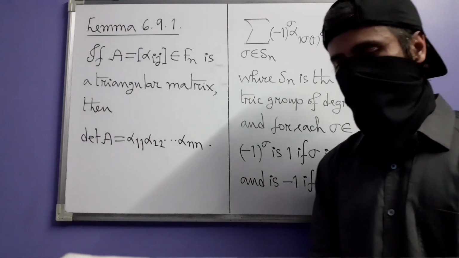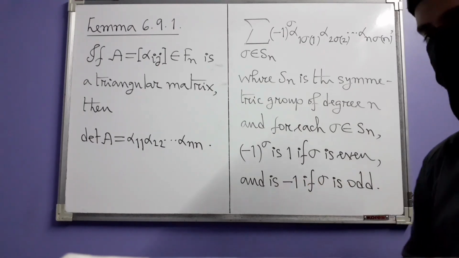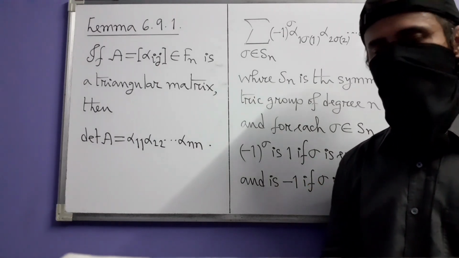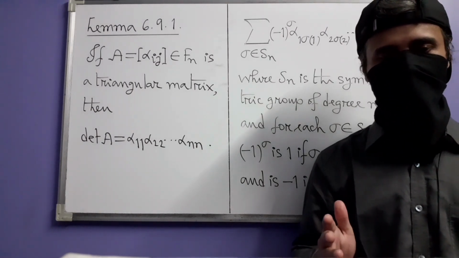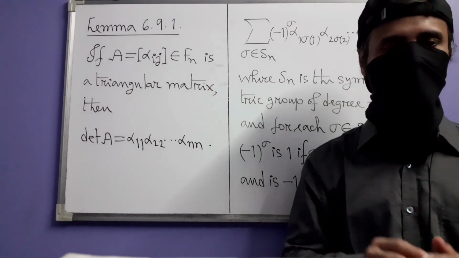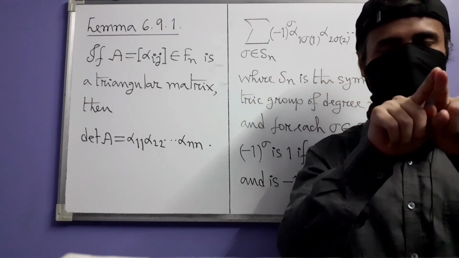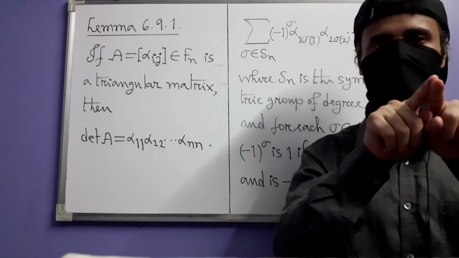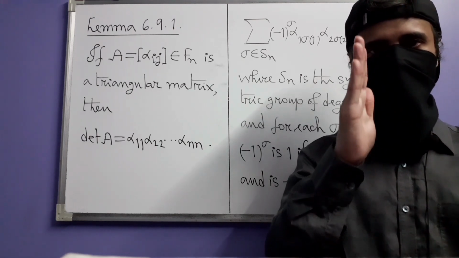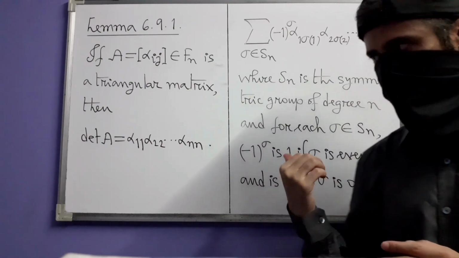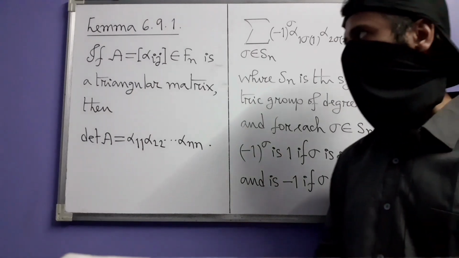Before we see this lemma 691, I forgot to write something which comes after this definition, but that you already know. You remember that in school you used a notation for determinants of matrices. If the matrix is written as a rectangular array of numbers, then you write the determinant as that array but enclosed within two vertical bars. So the author also mentions that notation. That's all. Now let us next see this lemma.